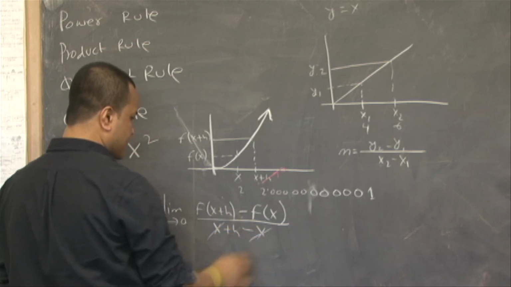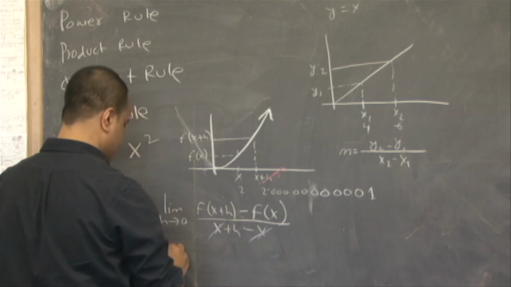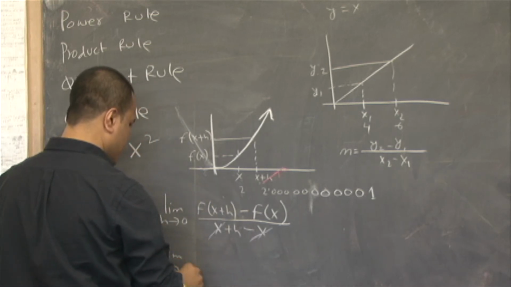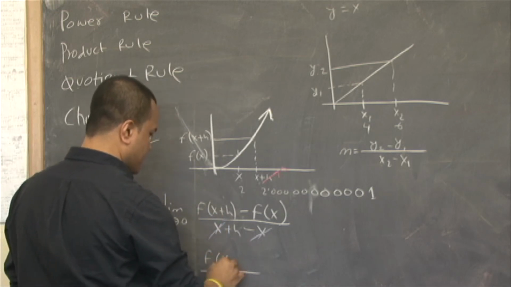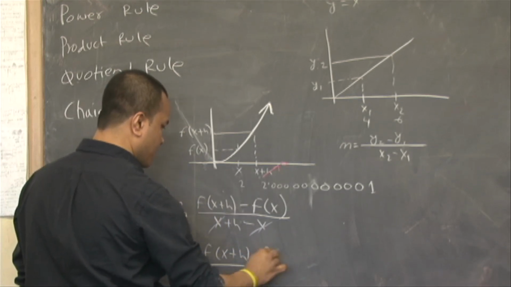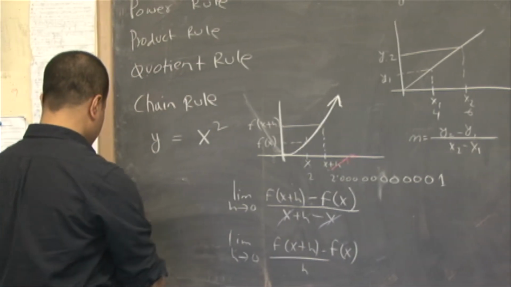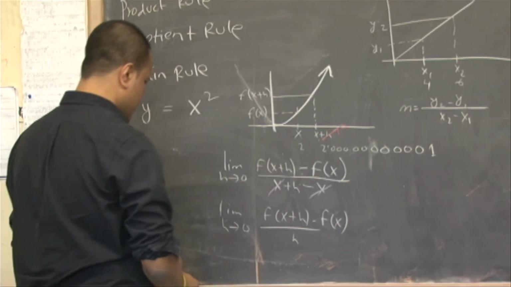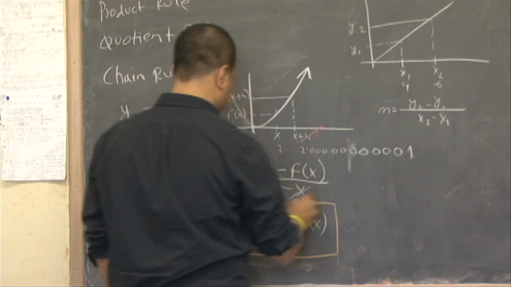The x cancels, and we have the limit as h goes to 0 of f of x plus h minus f of x over h. All right. This is the definition of a derivative.